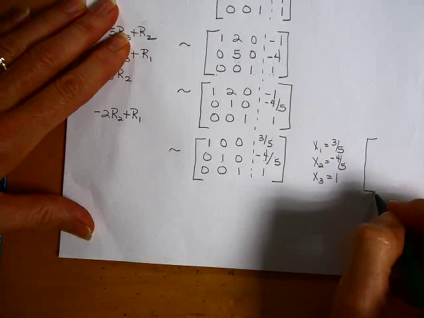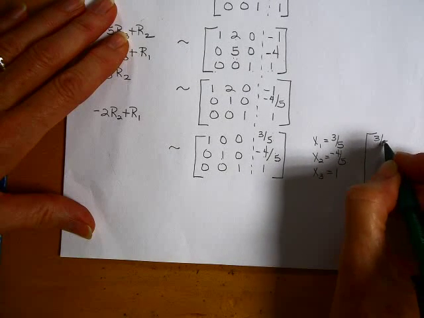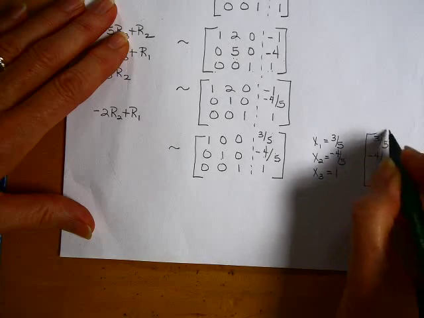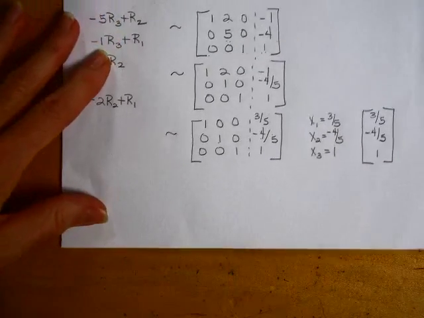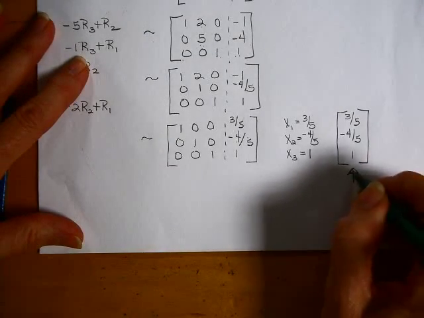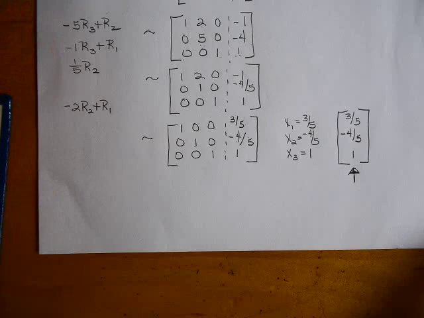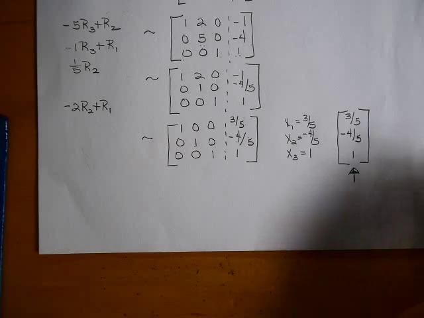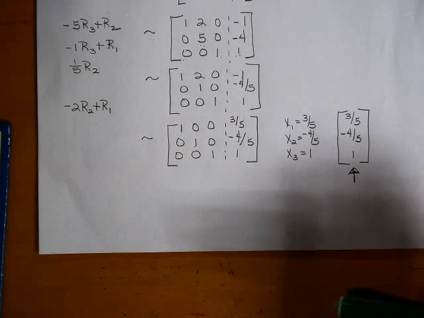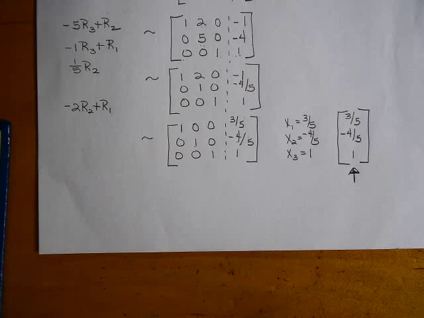To write it as a vector, it's the vector 3/5, negative 4/5, 1. This is the way the solution goes. This is the vector form. Okay, that was number 12. No question about that. Okay, see what next slide shows.